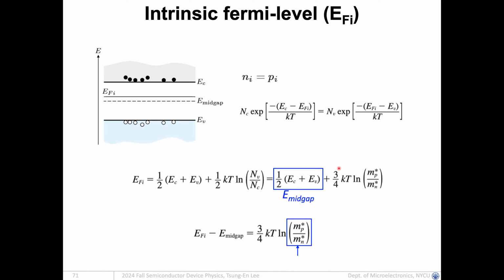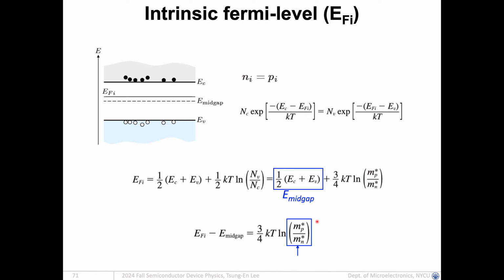The conclusion is that the mid gap and the intrinsic Fermi level are slightly different, by an amount determined by 3/4 kT times the natural log of the effective mass of hole over the effective mass of electron. So they are the same only when the effective masses of hole and electron are the same, and this value will be 0.